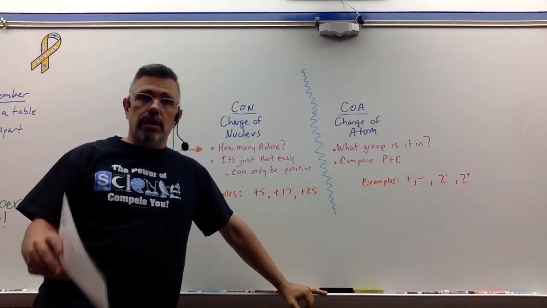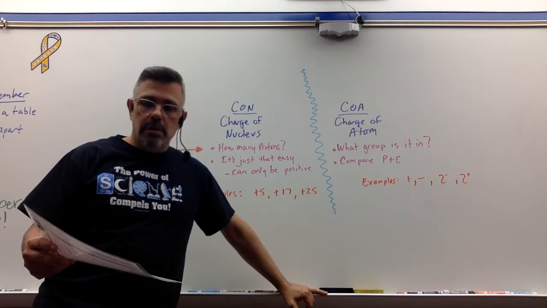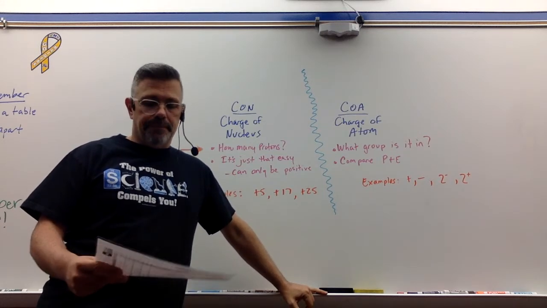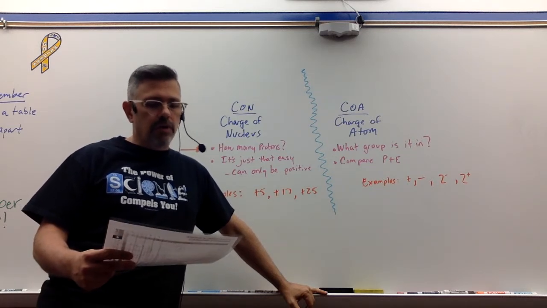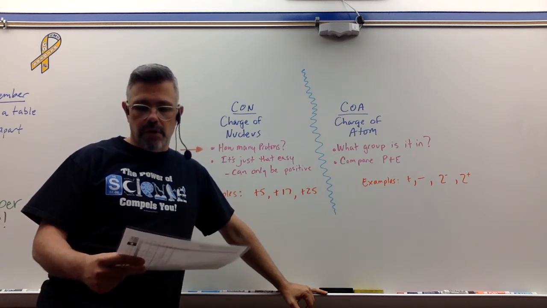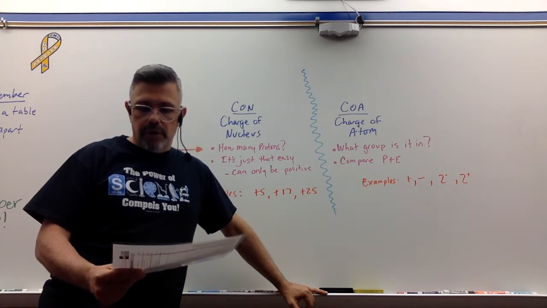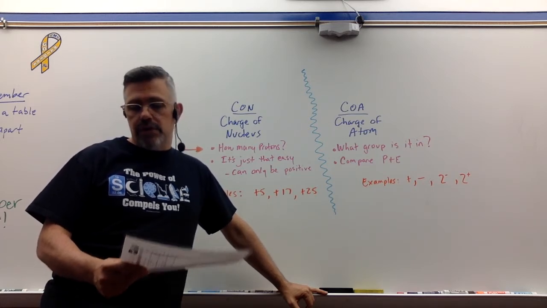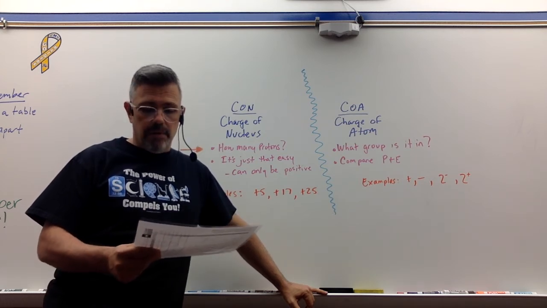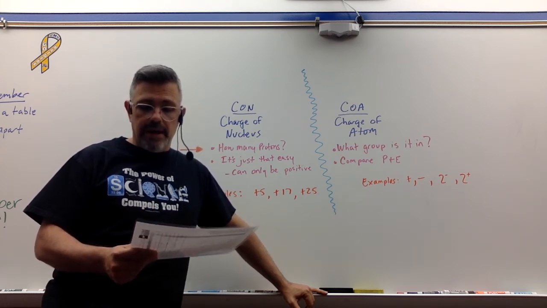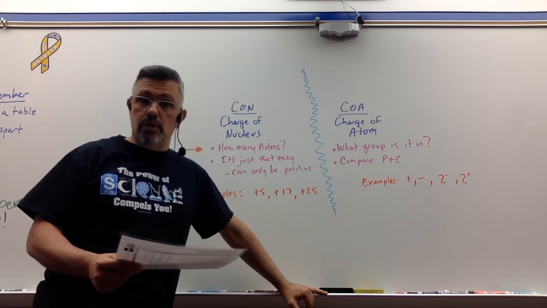One thing that will help you is the periodic table, just identifying what group the element is in. So if we're talking about sulfur, and we know that if sulfur was going to react, the charge of the atom would be minus 2 because it's in group 6.